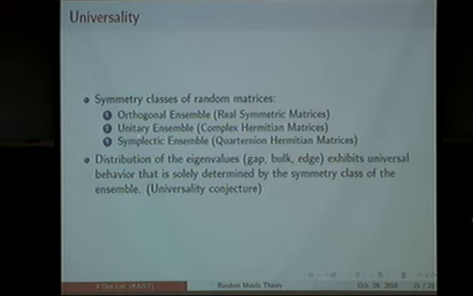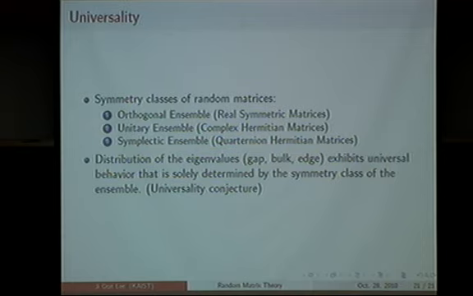The second one is the unitary ensemble, which is the complex case, and the matrices are Hermitian. And the final one is the symplectic ensemble, which is quaternion. I don't know if you can call this Hermitian or something different, but anyhow, you can see the logic. So you can have different ensembles, and actually we have many more different types of random matrix.